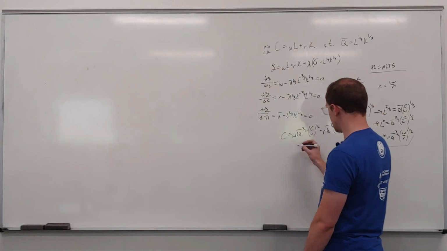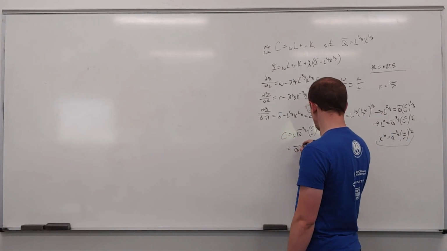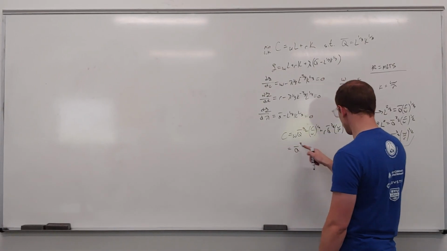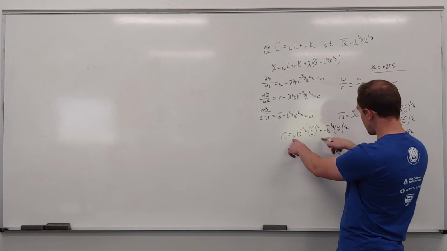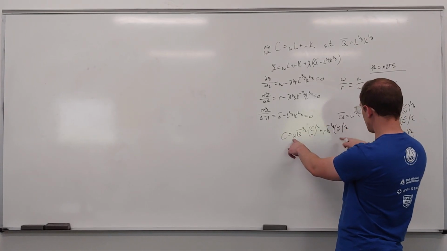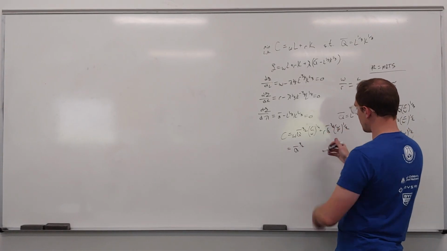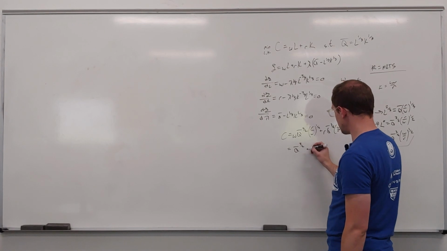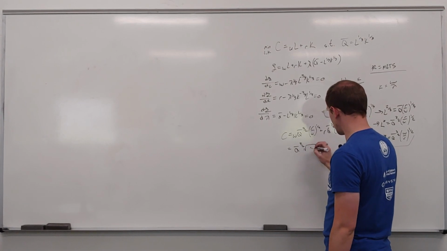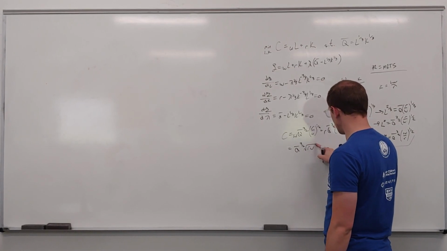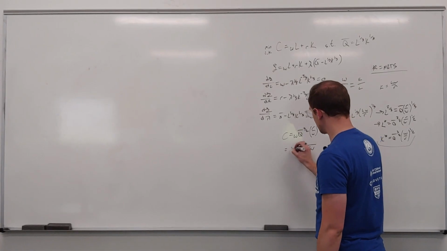Okay, now pulling out what we can here, that's going to be Q bar to the 3 halves. We have that in both. We have here W to the 1/2 in both, and we also have R to the 1/2 in both, right? So that's actually going to be Q bar to the 3 halves root RW, and we're going to have 2 of those.